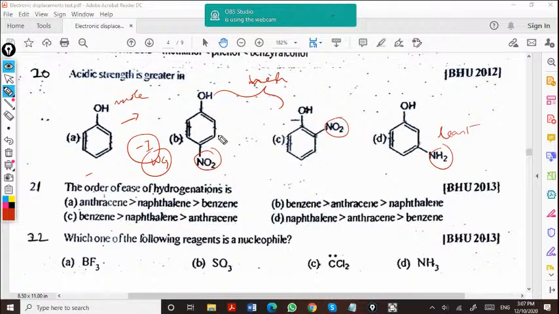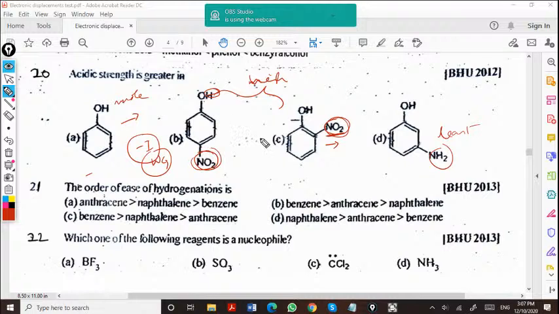Among these two, the greater acidic strength will be for orthonitrophenol, because when the group is attached at the ortho and para positions, it is withdrawing so that it will stabilize the anion. Among ortho and para, when it is a withdrawing group, it must be short in distance.